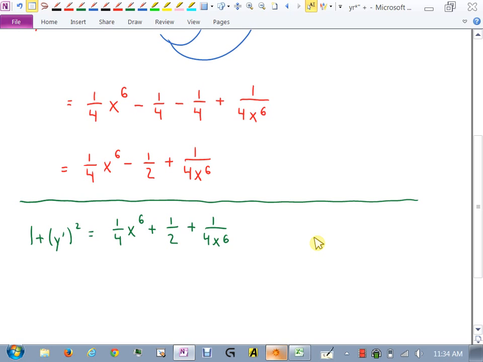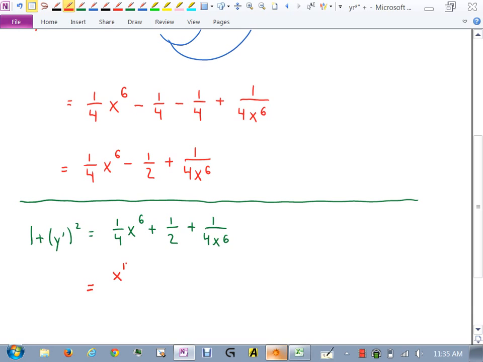and integrate it. So I said last time, what was kind of a standard technique that we use? Common denominator. Let's try and get it all together. So every one of these denominators needs to be a 4x to the 6th. Right? You get a common denominator. So this one already has a 4. So what do I need to multiply on the top and bottom? X to the 6th, which would create what on top?